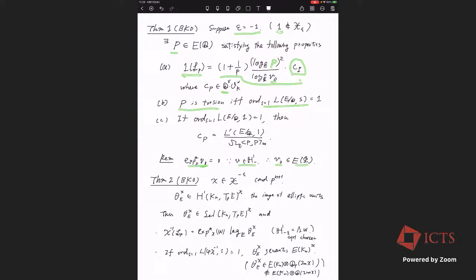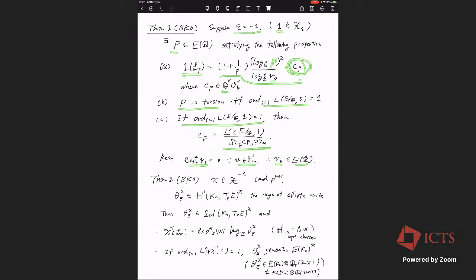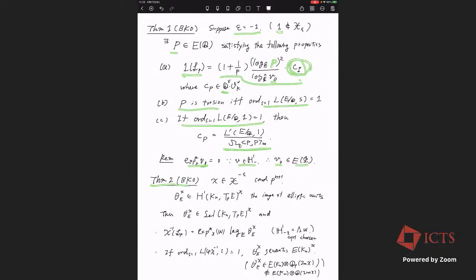And if the analytic rank is 1, then this C_P is described by the complex L value, the derivative of the complex L value. So it is really something like a p-adic Birch and Swinnerton-Dyer conjecture value in this setting. The second theorem is for general chi with higher conductor outside the interpolation range.